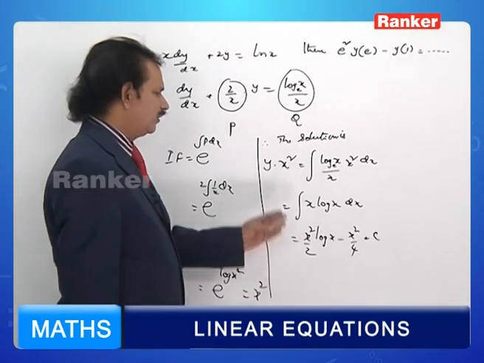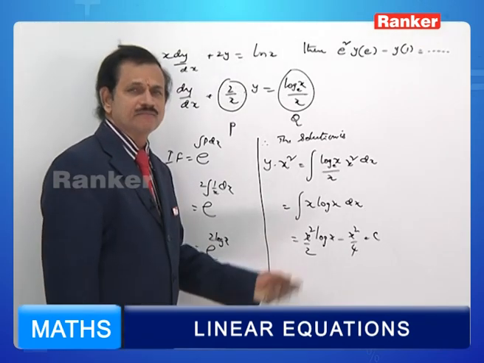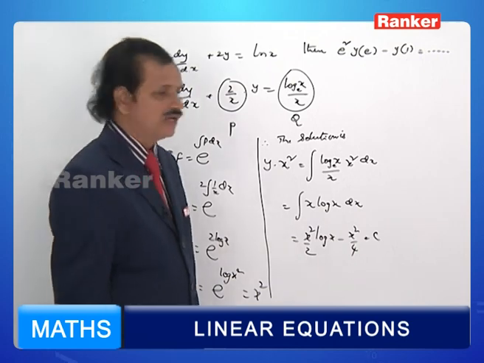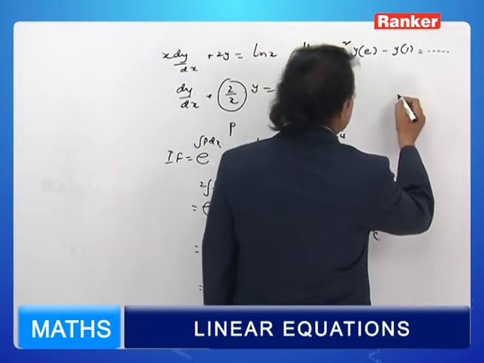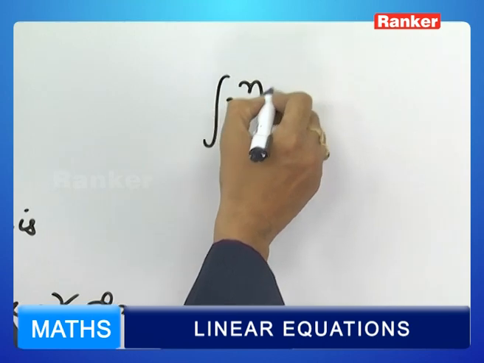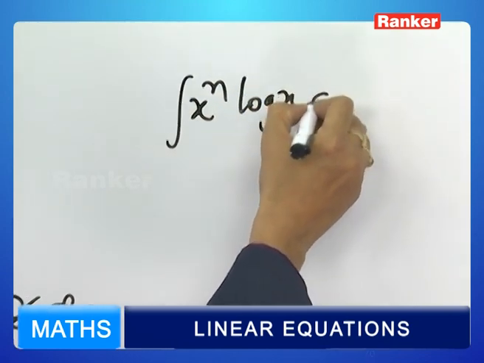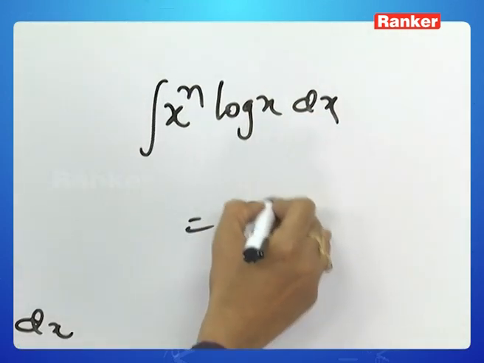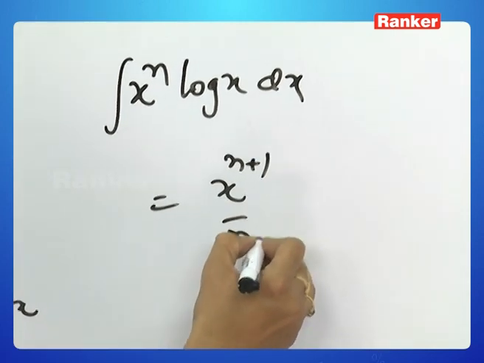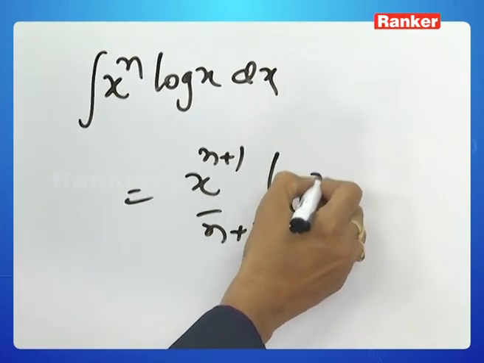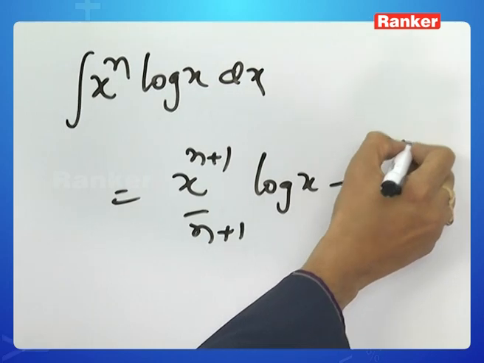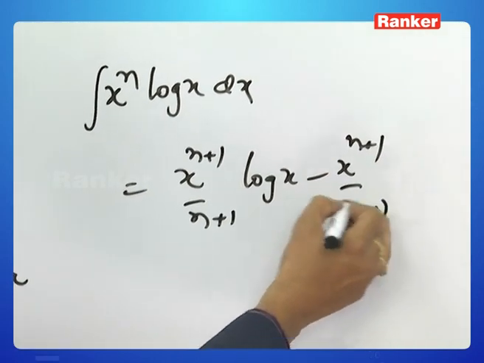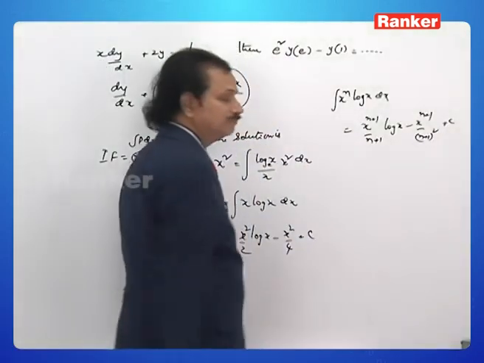How? You can use integration by parts directly, that is one way. The other way is a standard integral: x power n log x dx is equal to x power n plus 1 by n plus 1 into log x minus x power n plus 1 by n plus 1 whole square, plus c.